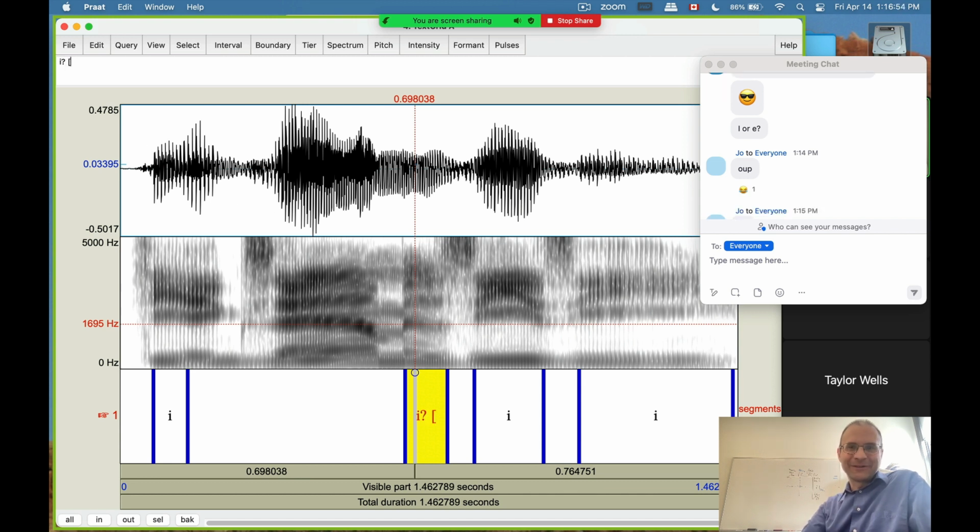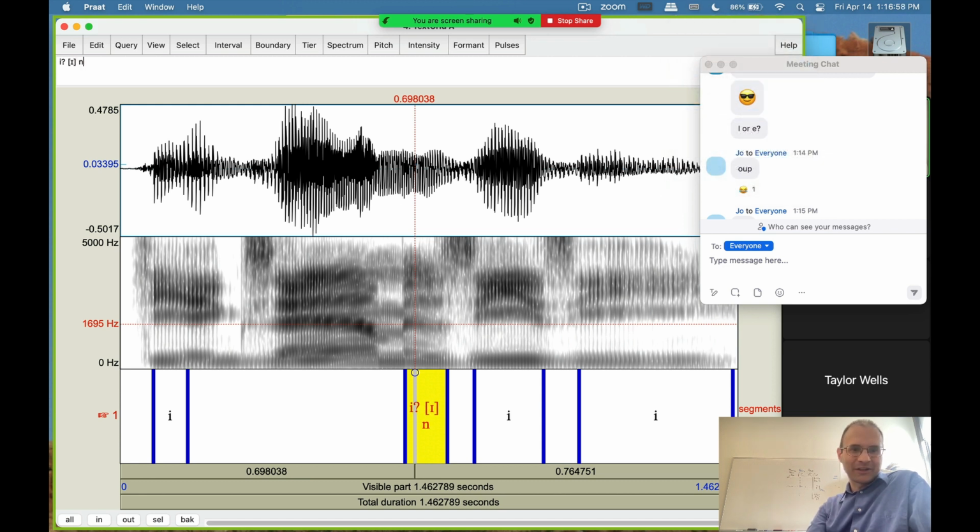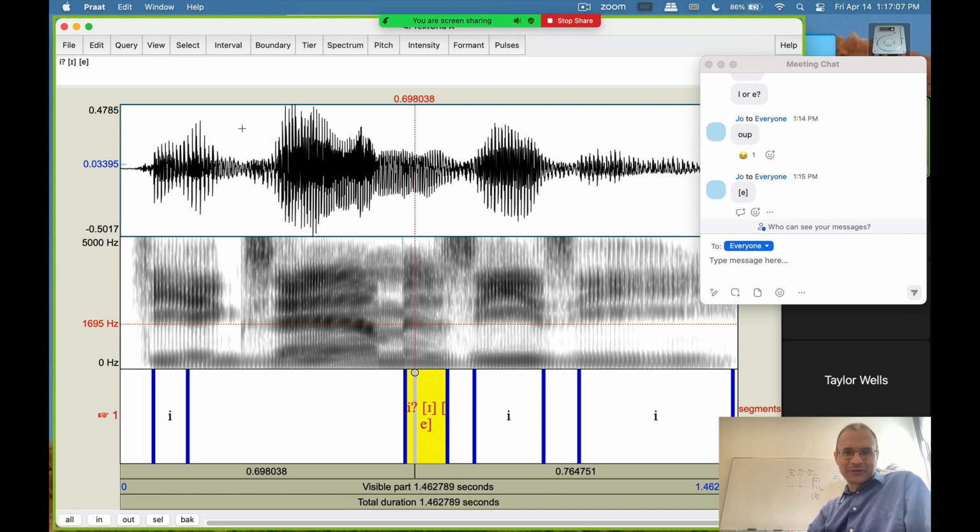That's a new one to me. So let me turn on my IPA font here. So we've got votes for I or A there as well. Got a couple votes for A. Yeah, I think we'll probably say not E, but something a little bit backer than E.